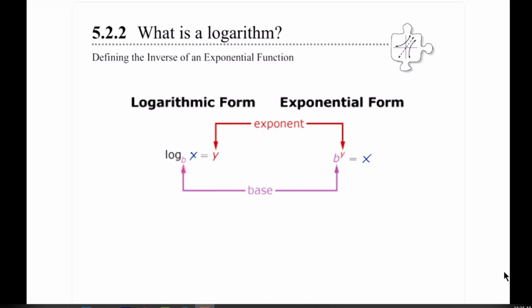So when it came to our exponential, B was our base. Whatever our logarithm equaled, that became our exponent, and that equaled our number.